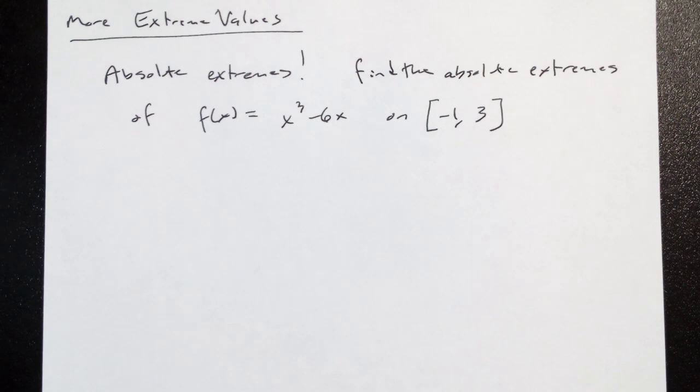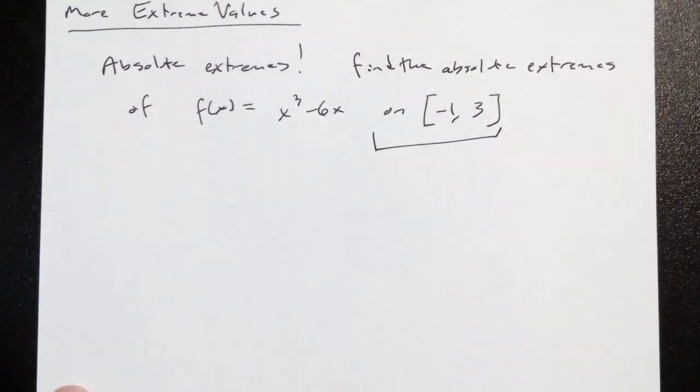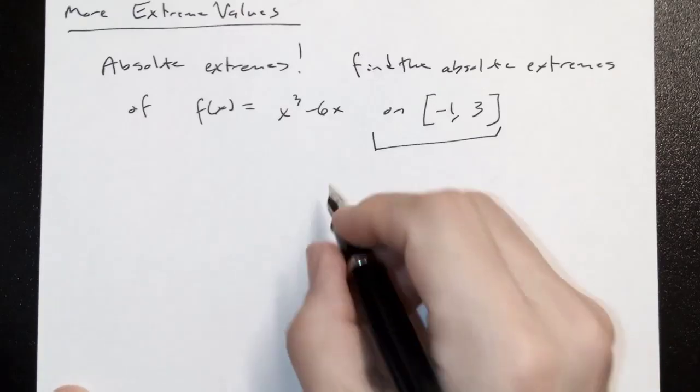So in this class, I'm going to make that same claim. I have to have an absolute maximum and a minimum when I have a bounded part of my graph.